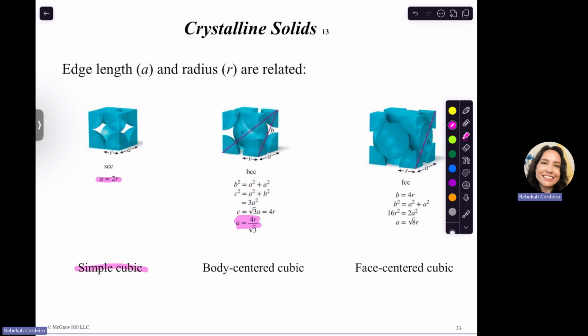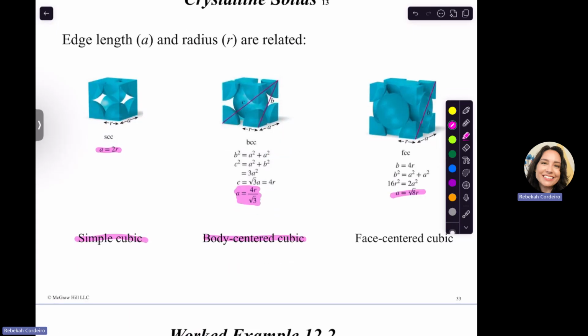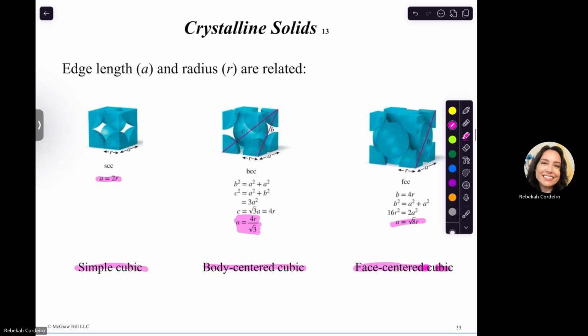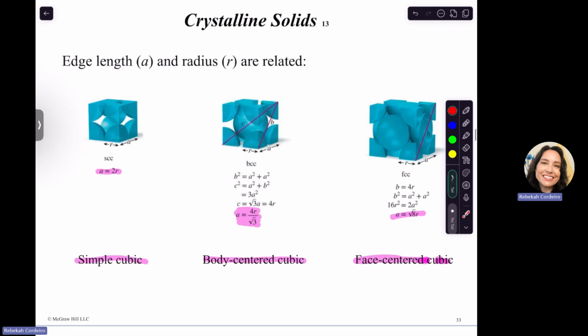This one is for body-centered cubic. And this one is for face-centered cubic. But basically, the A is for the length of the side, and the R is for the radius. And so we can use these formulas to figure out the atomic radius, or the side of the cube if we needed to know that.